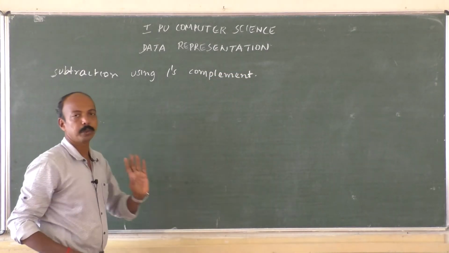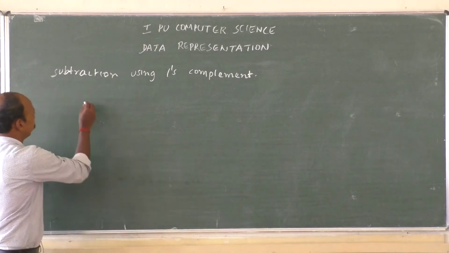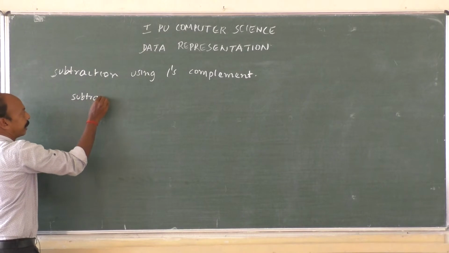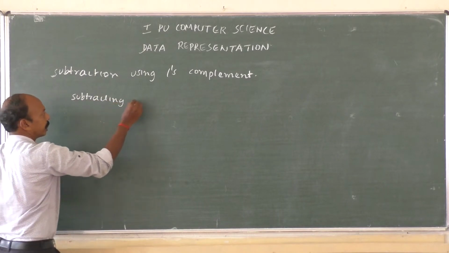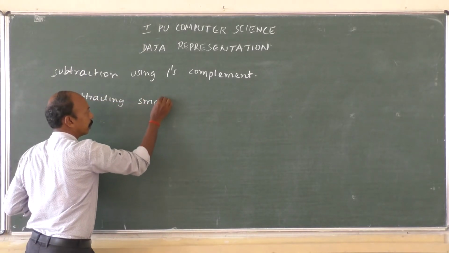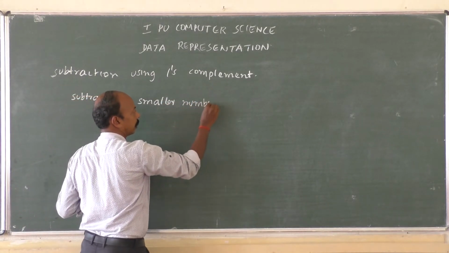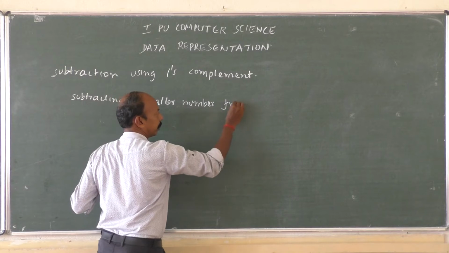In that there are two types. First one is subtracting a smaller number from a larger number.